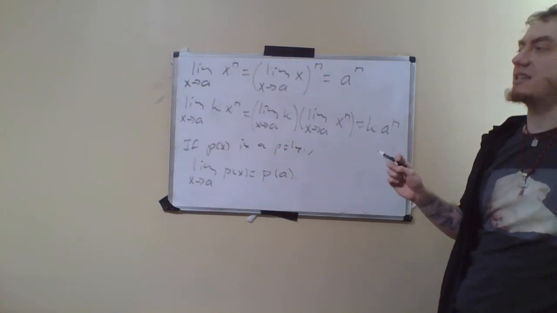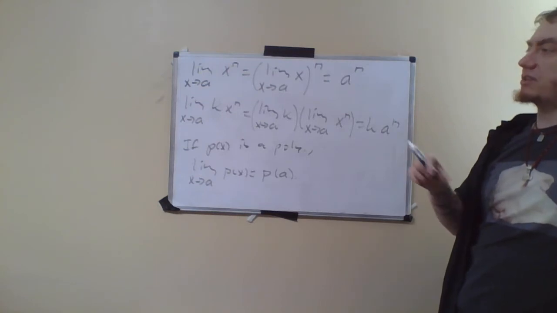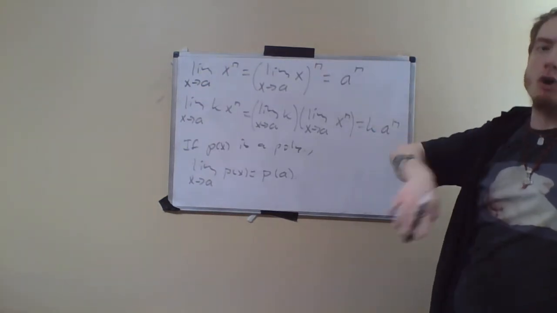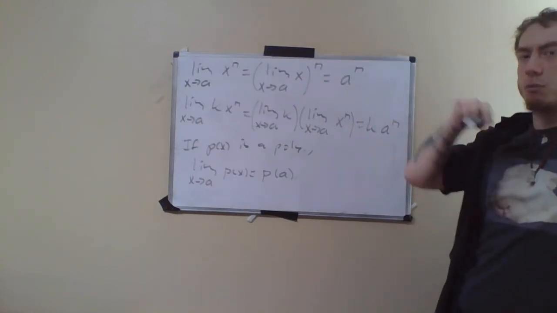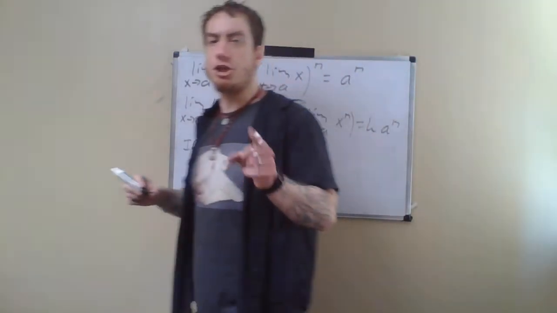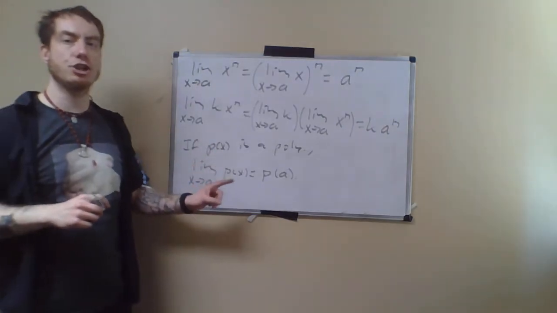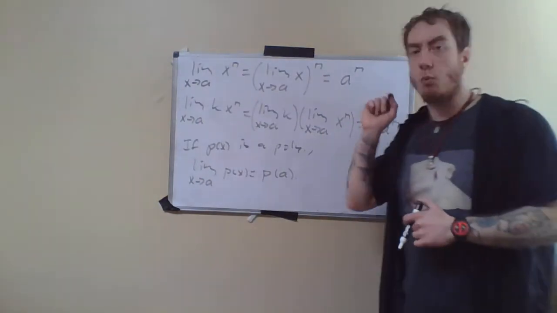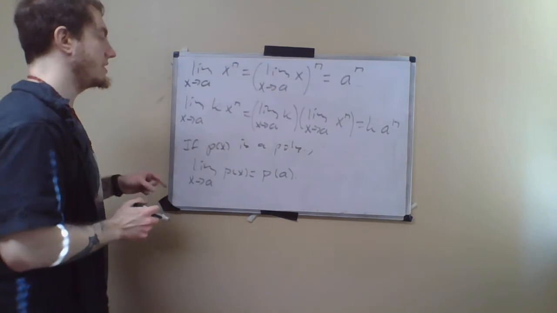The reason is that we expect polynomials don't do a lot of bouncing around. They go on in a nice continual manner, and so wherever we're heading, that's where we should get. The limit is where your function is heading towards, and the value of the function is where you end up. Polynomials should always end up where it looks like they're going, and that is exactly what this is saying.